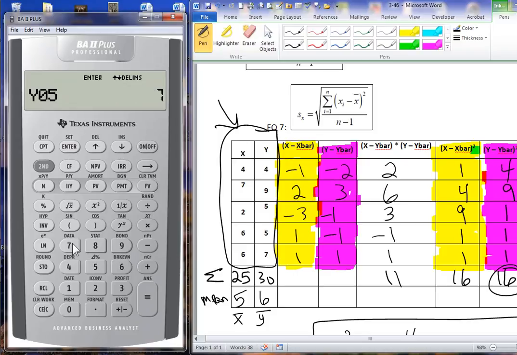And 7, enter, arrow down. So now it's asking me what is the sixth x value.